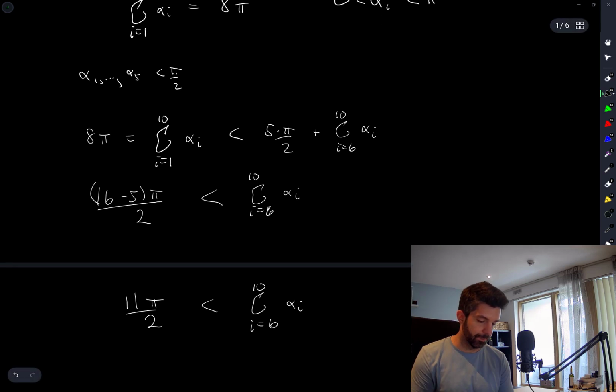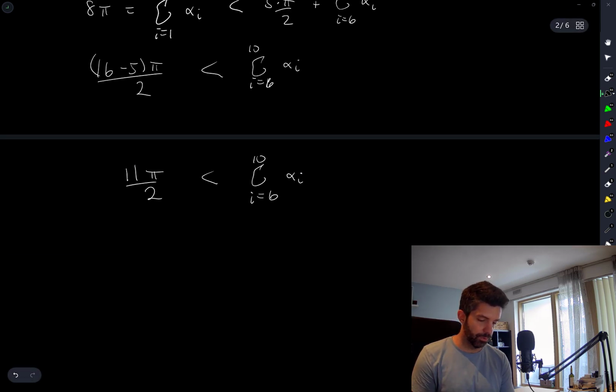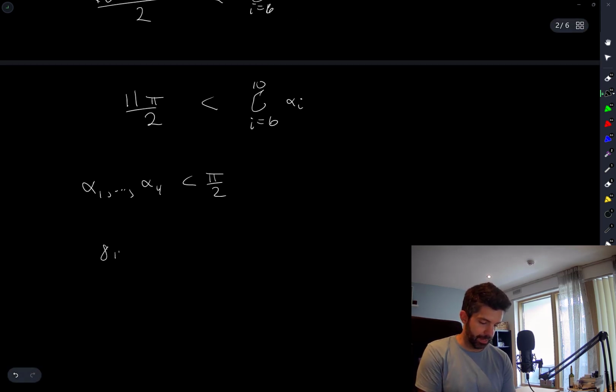Let's try with 4. 4 is probably going to work. Suppose alpha 1 up to alpha 4 are less than pi over 2. So then I have that 8 pi is equal to the sum of all 10 angles.